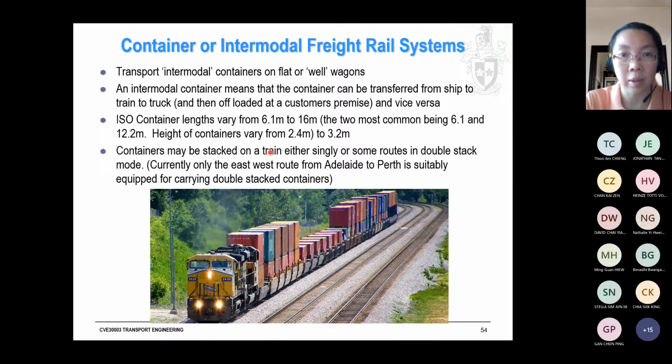Containers may be stacked on a train, some single, some in double stack mode. And we see this very often at port areas.